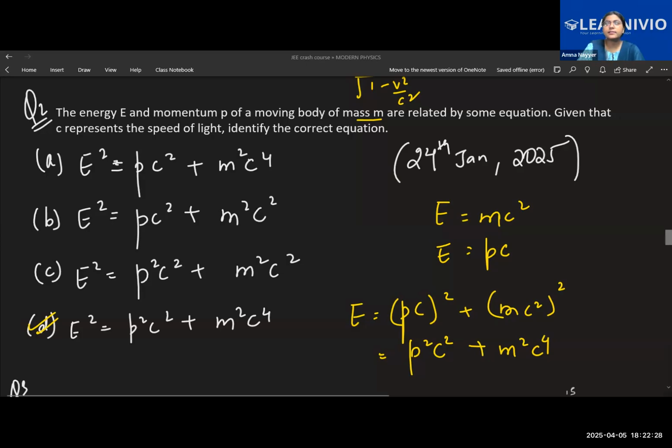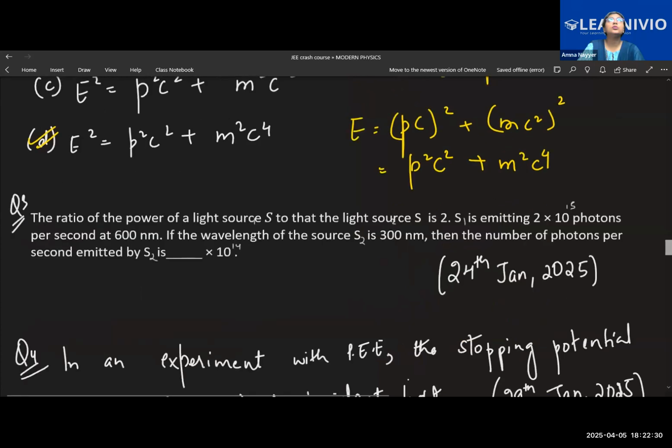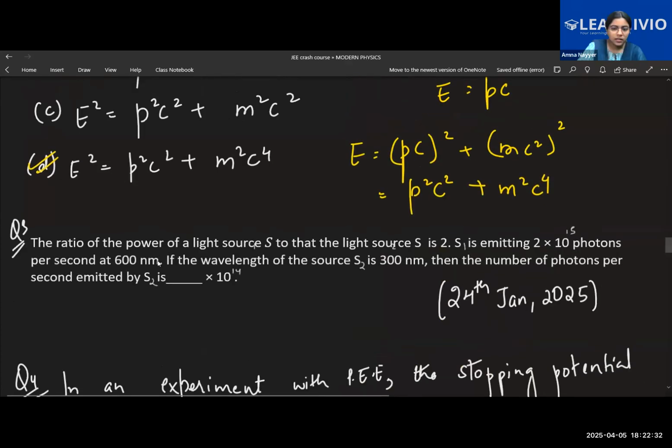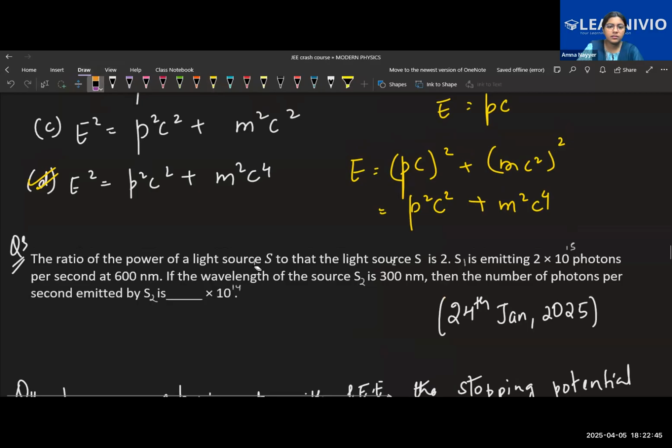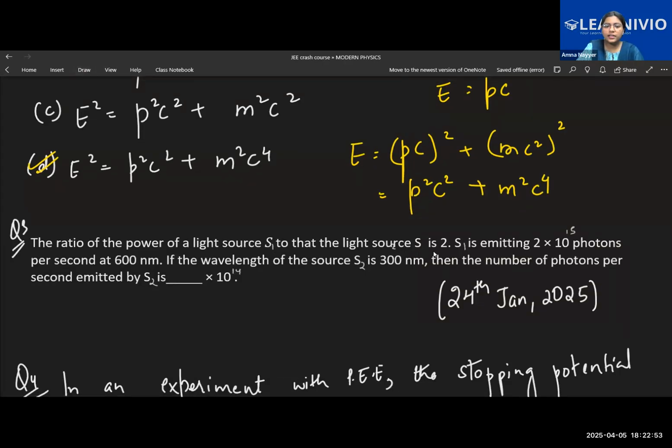Okay, let's come to the next question. This is from your section B on 24th Jan 2025 only. Ratio of the power of a light source S1 to that of the light source S2 is 2.